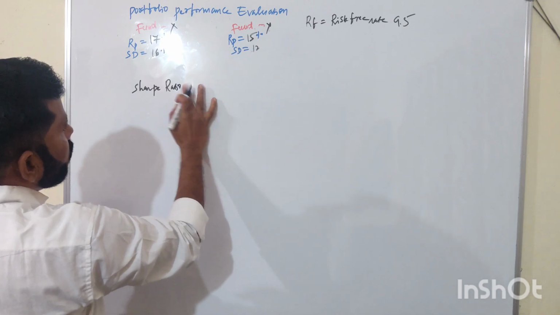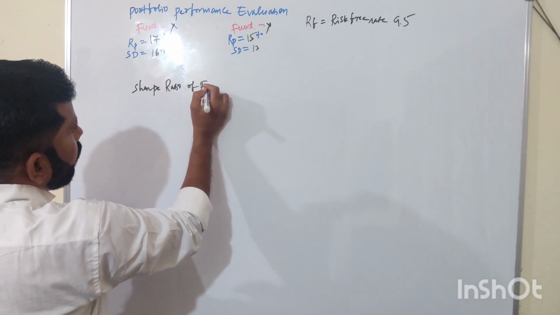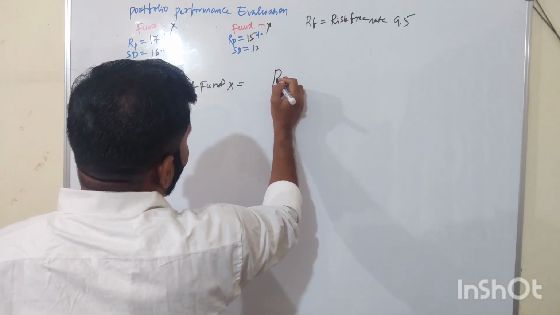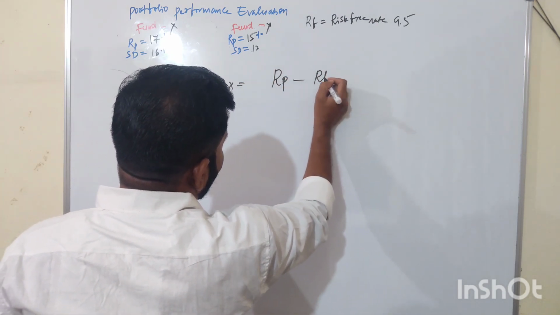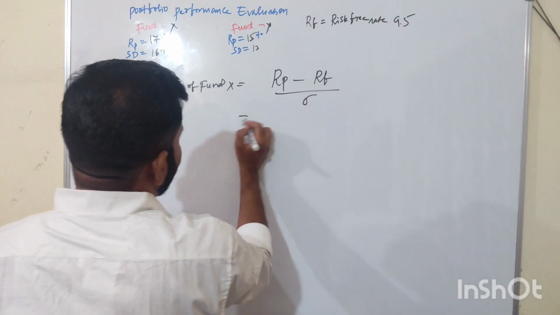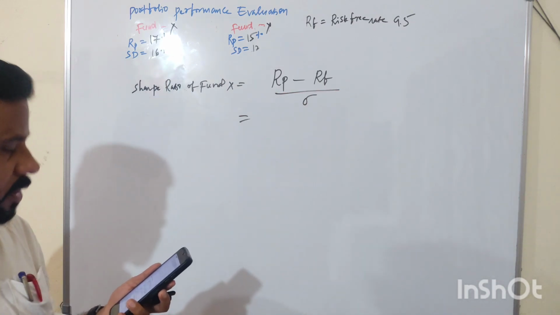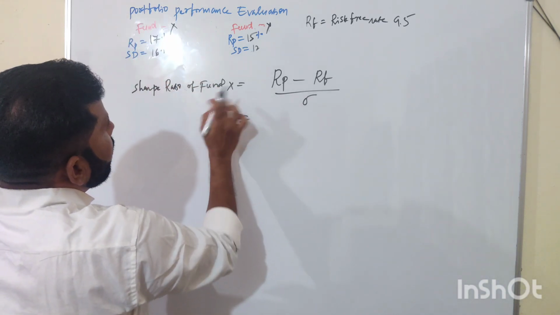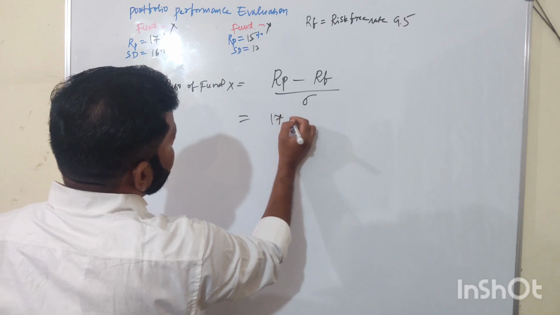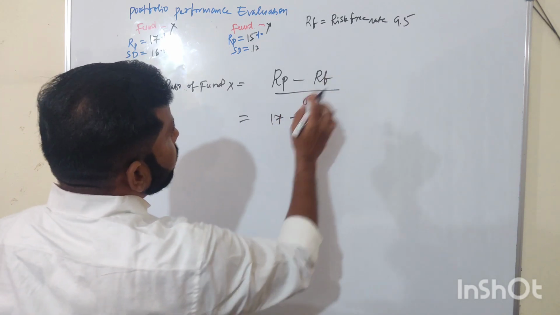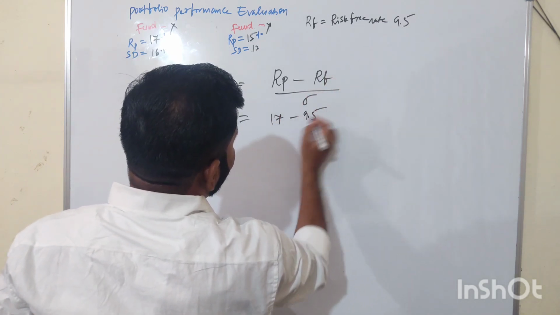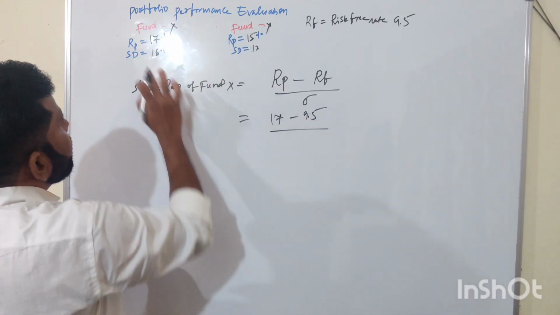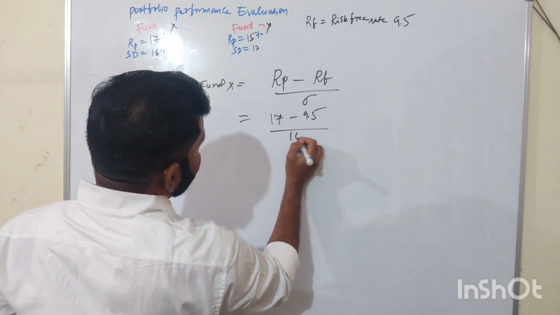Sharpe ratio of Fund X equals RP minus RF divided by standard deviation. Portfolio return of Fund X is given as 17%. The risk-free rate is given as 9.5% in the problem, divided by the standard deviation of Fund X, which is clearly given as 16%.